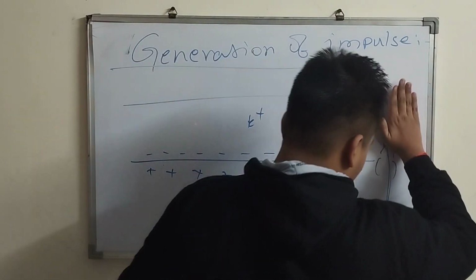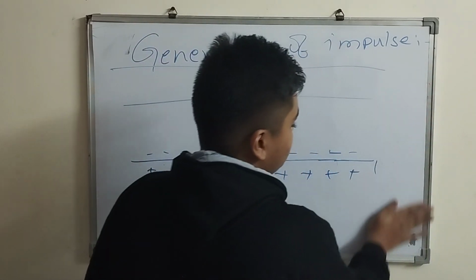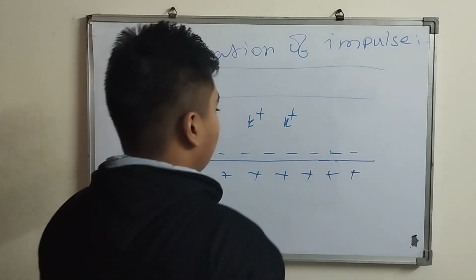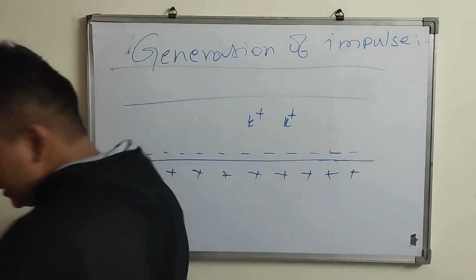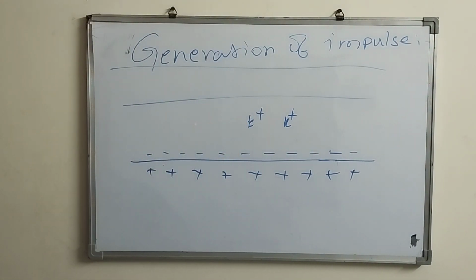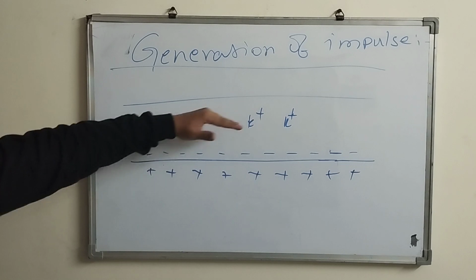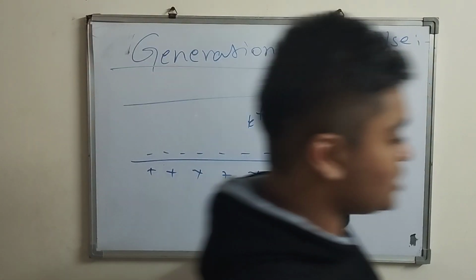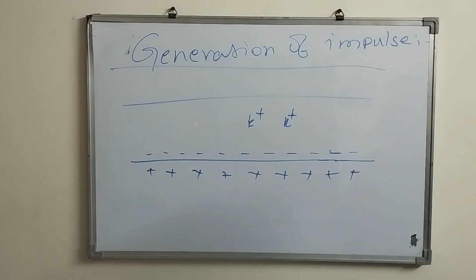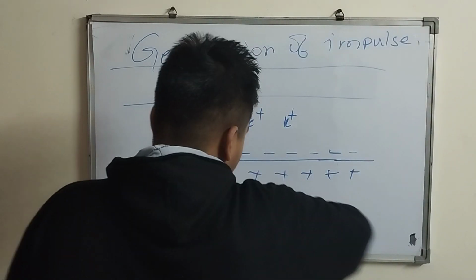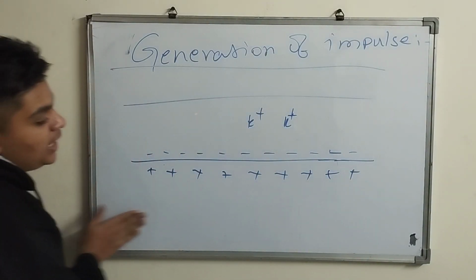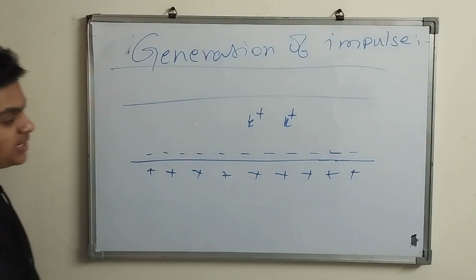Potassium concentration is more on the inner side. Negative ion concentration is also more on the inner side than the outer side. More concentration of Na plus ions and positive charge is on the outer side.